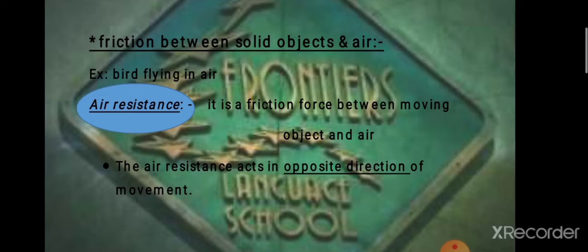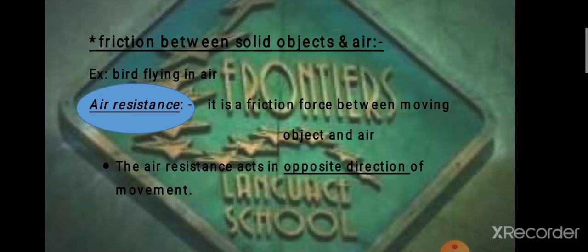The air resistance is a type of friction force between what? Between a moving object and the air. And as a type of friction force, it must act in the opposite direction of movement. So the air resistance acts in the opposite direction of movement.